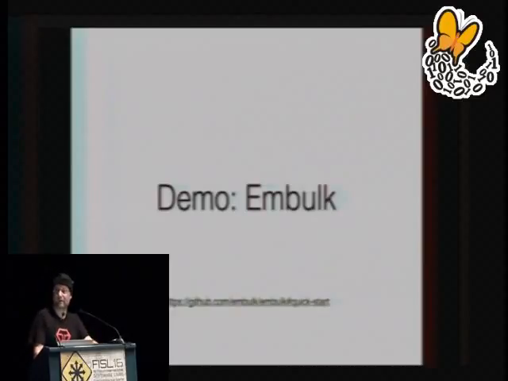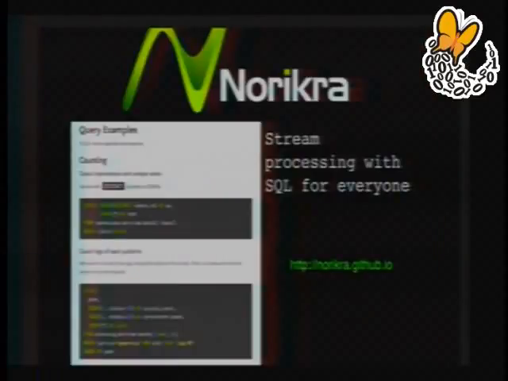Okay, sorry about that. Another tool you want to know about is Norikra. It's an open source tool. It's stream processing with SQL for everyone. Whereas engines like Hive, Spark, and so forth will stream the queries, they also use disks.